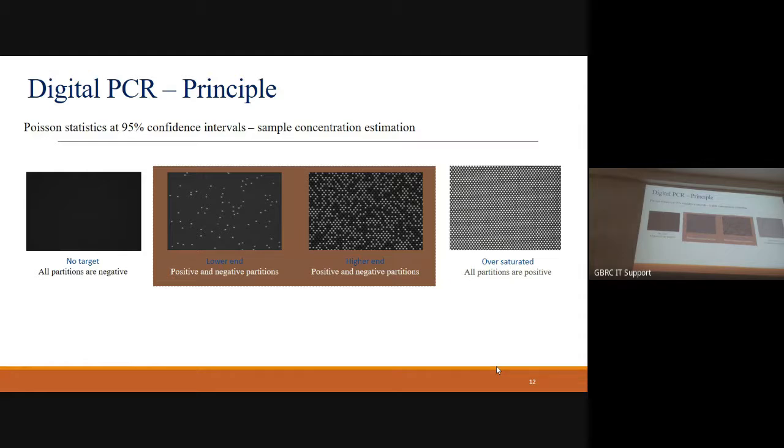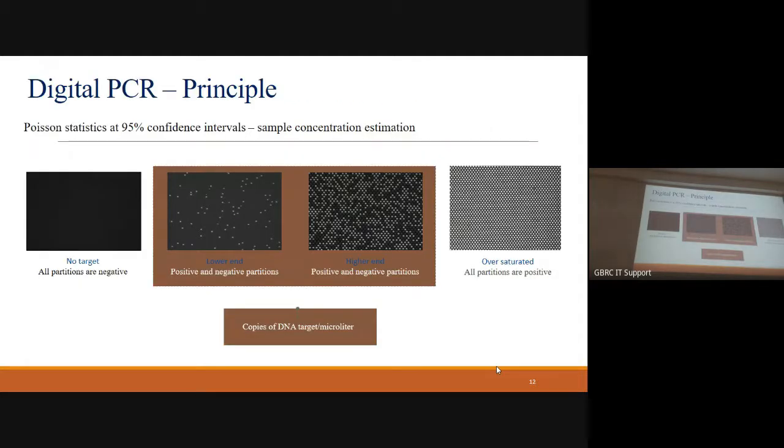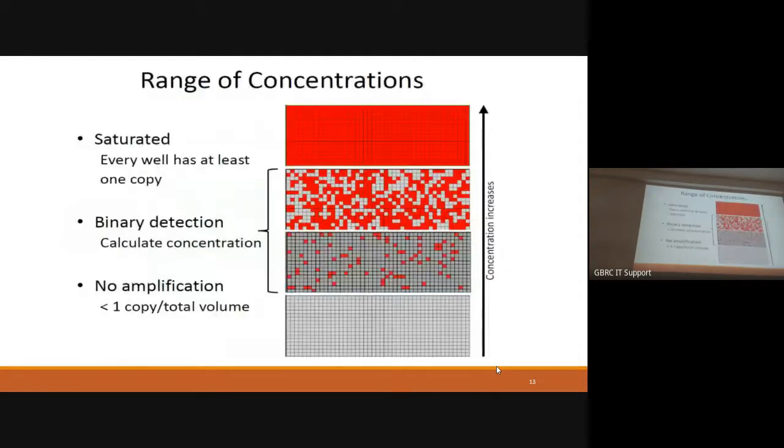This is oversaturated: suppose you start with a very high concentration of RNA, cDNA or genomic DNA, all your partitions will get saturated, which should not happen. So you need to select the dilution according to the saturation of your partitions. From this, the software will statistically calculate the copies of the DNA or RNA target per microliter.